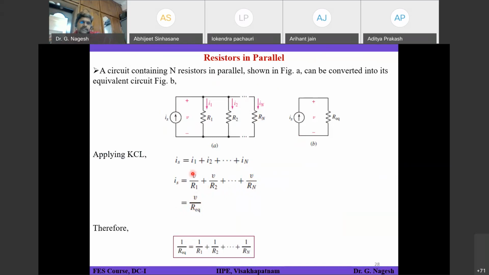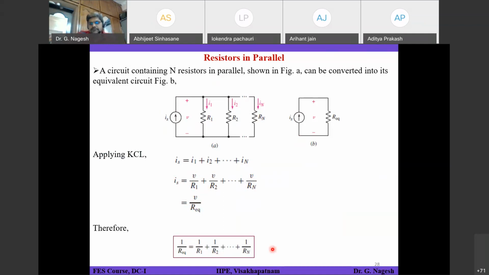So what is R equivalent? If I take V common in this equation, 1 by R equivalent is equal to 1 by R1 plus 1 by R2 and so on up to 1 by Rn. In a series circuit, R equivalent is straight away R1 plus R2 plus R3.